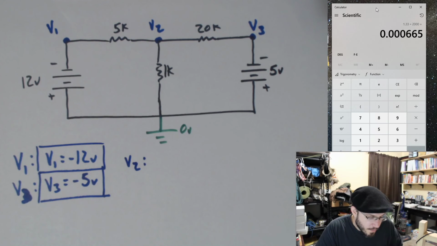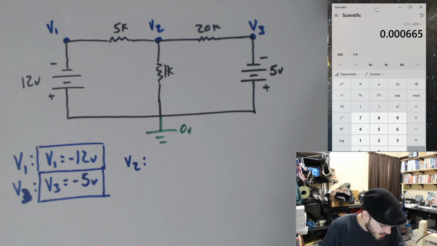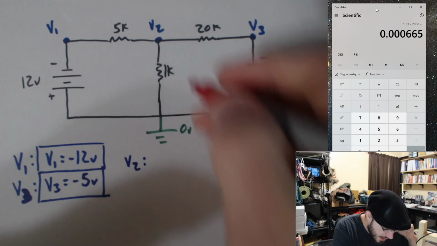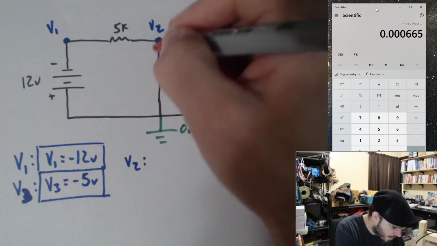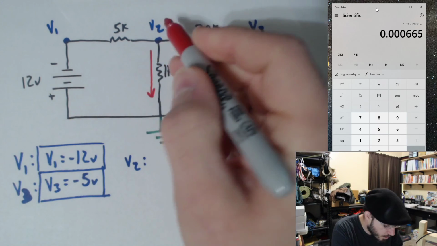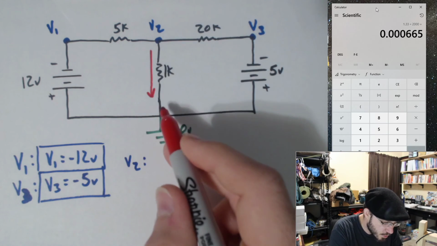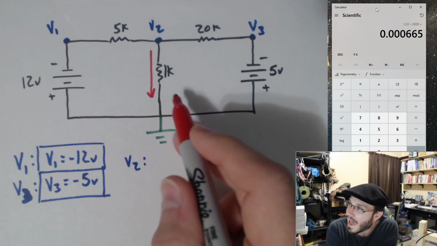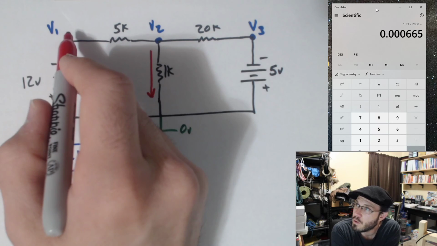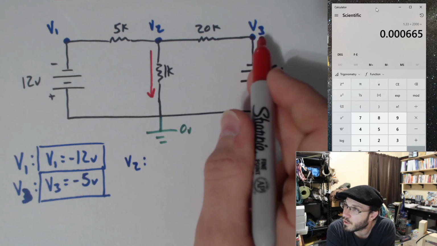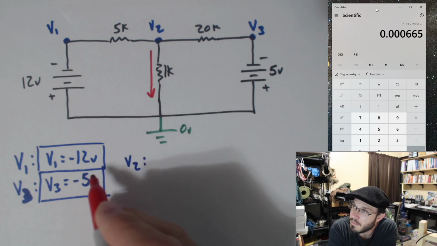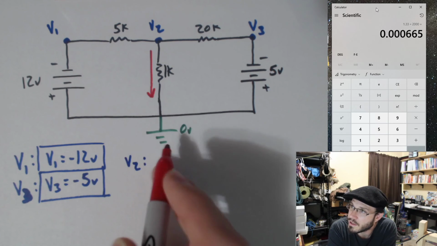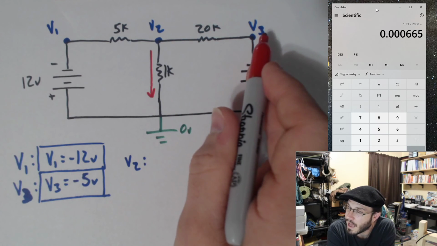To write out V2, I'm going to have to pick some currents to help me out here. So for the case of making the equation easier to write, I'm just going to pick my current going from what's assumed to be a higher voltage to a lower voltage. Now, as we saw, V1 and V3 are both negative voltages because they're relative to this reference node, minus 12, minus 5.